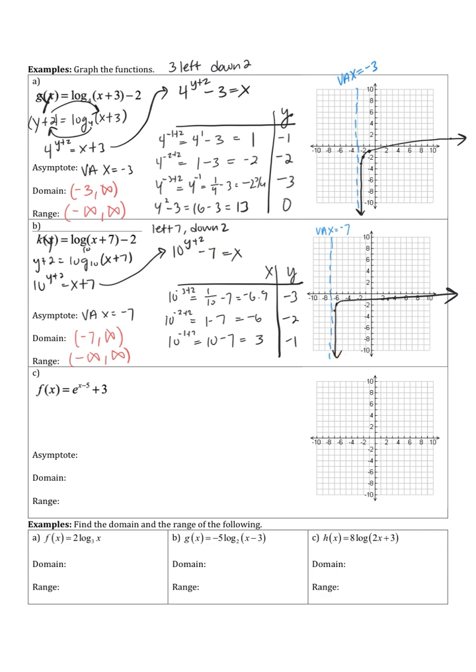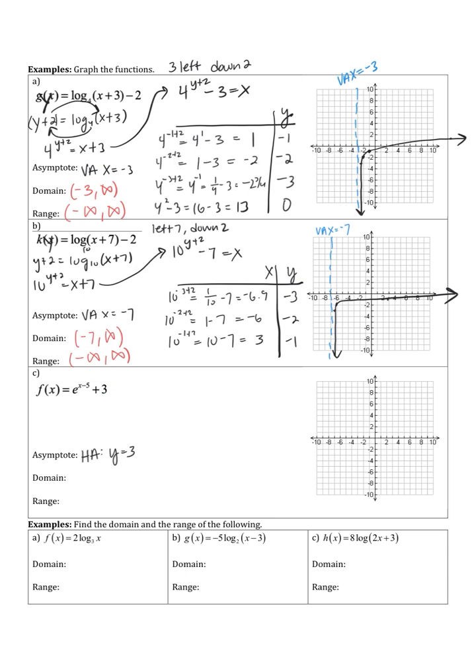Let's do the last graph. This is an exponential graph, so I don't have to do any adjusting here. I can just plug in a table of values. Since this is a vertical graph, I know I'm going to have a horizontal asymptote at y equals +3 because that's that k value on the end.